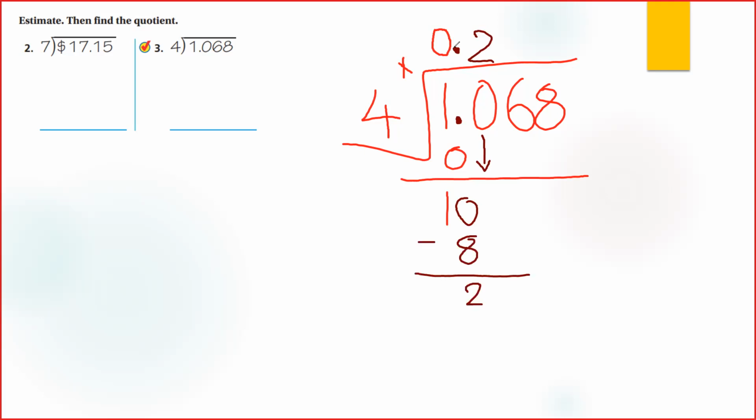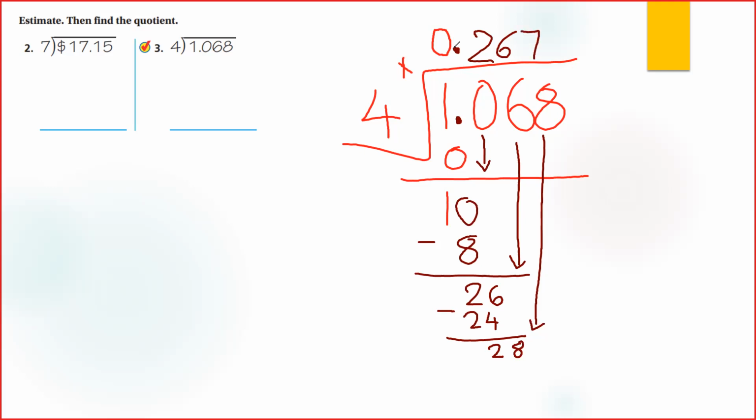2. أيوة. Then bravo. Thank you. Bravo. So here the answer is point.